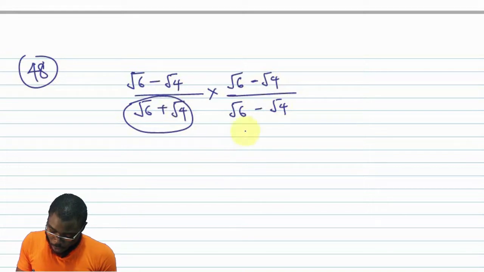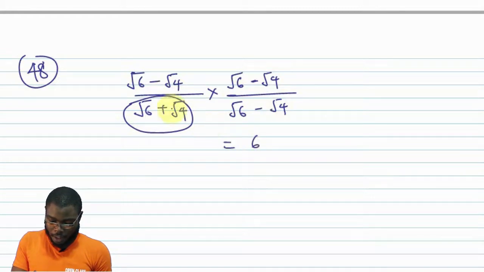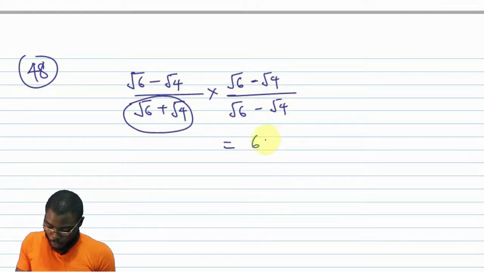So this is equal to root 6 times root 6 gives you 6. Root 6 times root 6 gives you 6. And then root 6 times root 4 will give you minus root 24.